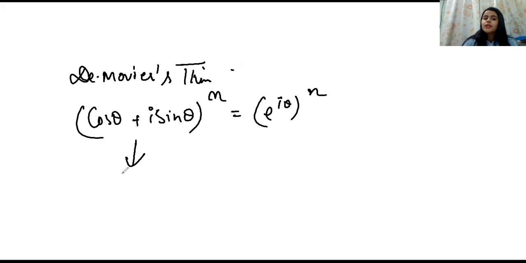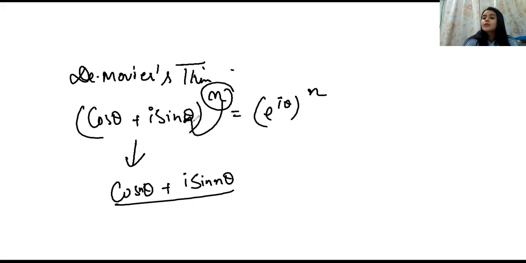So it can be written in the form cos n theta plus iota sine n theta. That n will come to the angle. Okay. So that is our de Moivre's theorem. Now, this is the important theorem that you did in BSc classes.